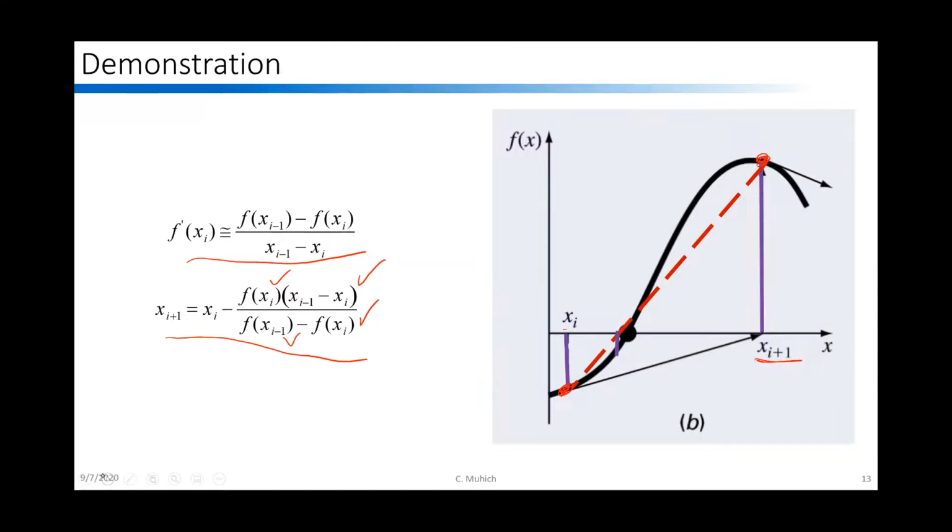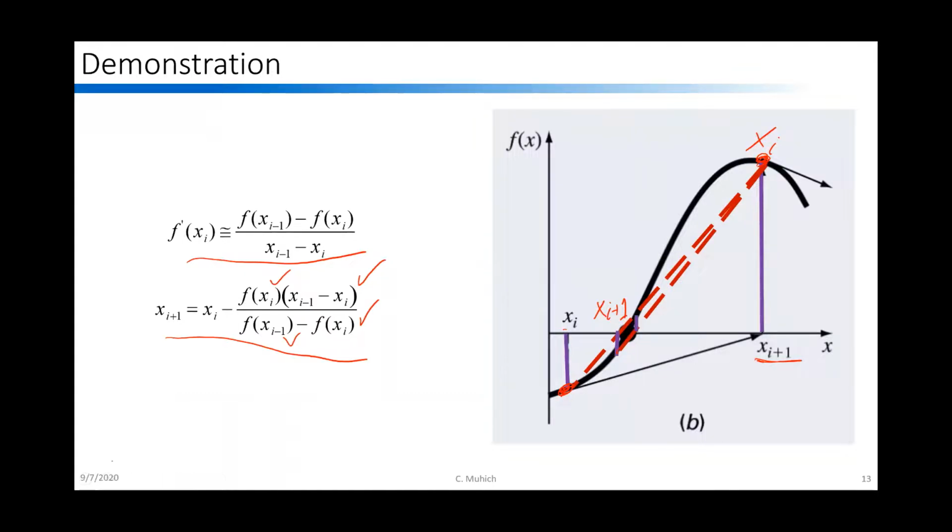And then from that slope, I can find where that's going to cross the x-axis. So now I have a new xi plus 1 and a new xi. I can now draw a new slope line between this function value and that old xi.